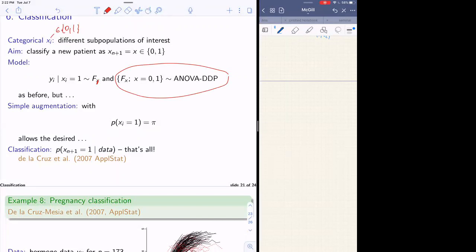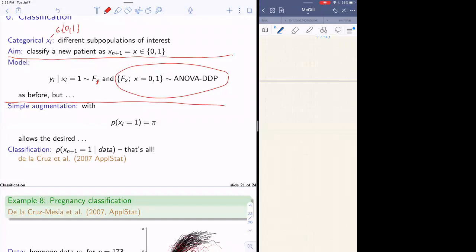At this moment, if we stop here, we just have a probability model that would allow us to fit the data. We cannot yet answer the question of interest, classifying a new patient, because the model I just spelled out assumes the X is given, like we are really conditioning on the X. But it's trivial to augment that model, do a joint model on X and Y, simply add a prior on the X. Since we assume that the X is just binary, this is as simple as it gets.